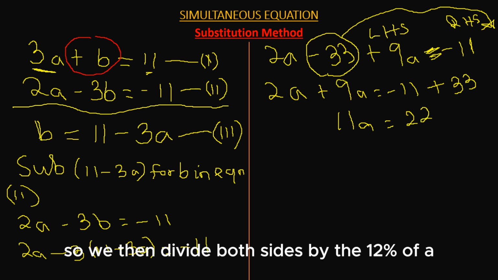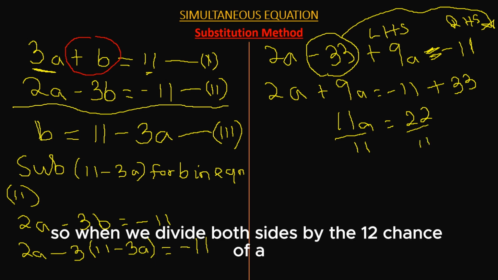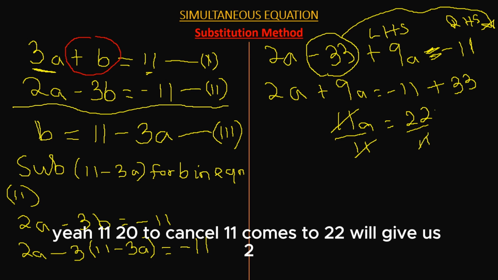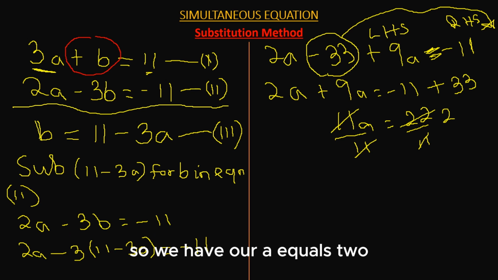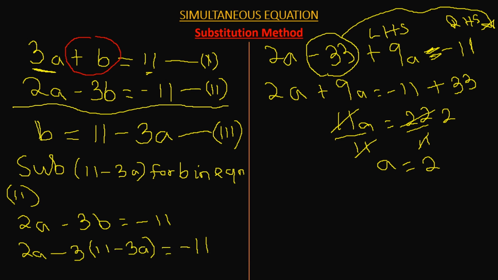So we then divide both sides by the coefficient of a for us to get the value of a. When we divide both sides by the coefficient of a, it will cancel a here. 11 cancel 22 will give us 2. So we have our a equals 2. So right now we've gotten the value of a, but we have not gotten the value of b, don't forget.